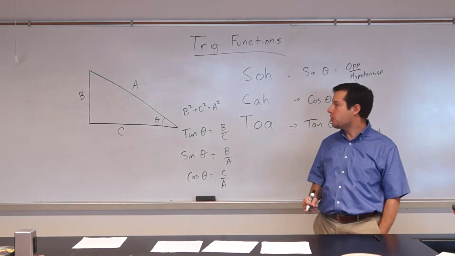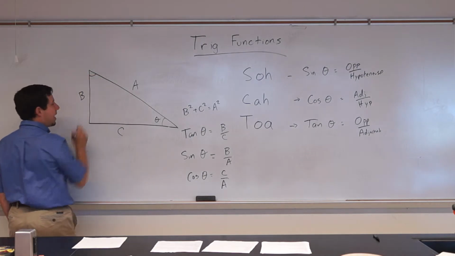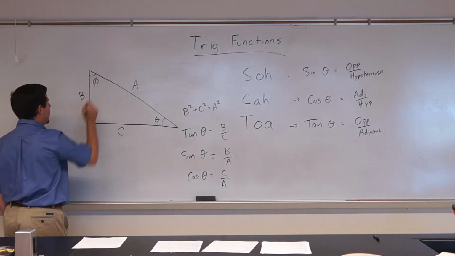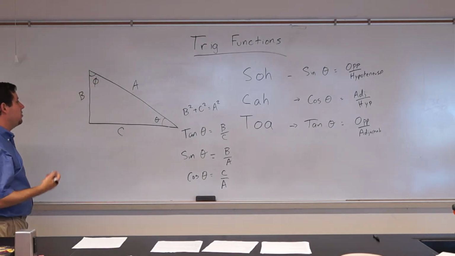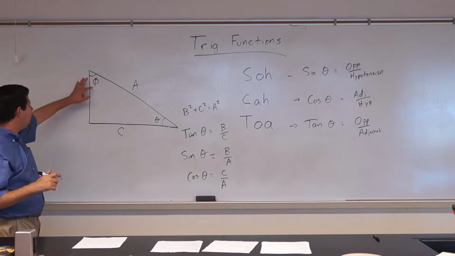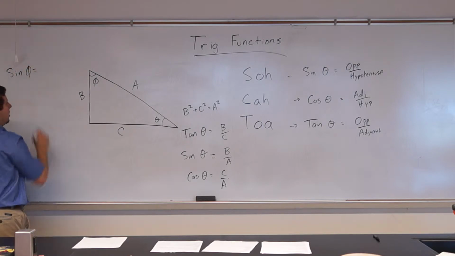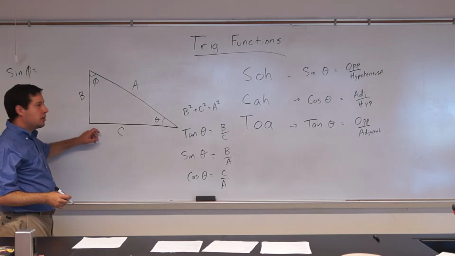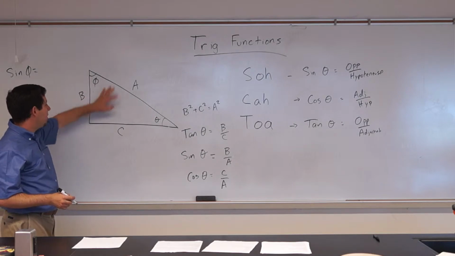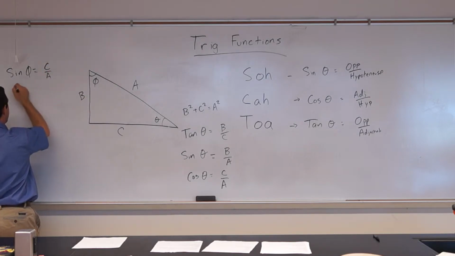We can make up another angle here. Let's say we're looking at this angle instead. I'm just going to call this angle phi. We can use the same laws to apply to this. So the sine of phi is the opposite of this angle divided by the hypotenuse, so c divided by a.